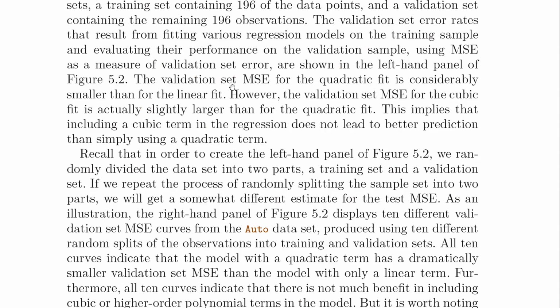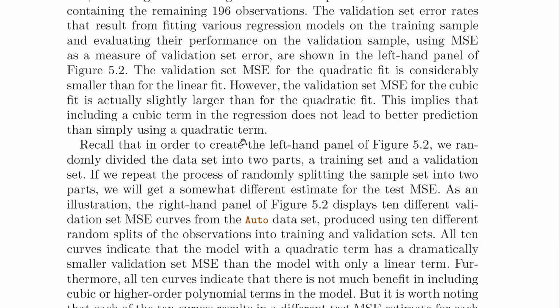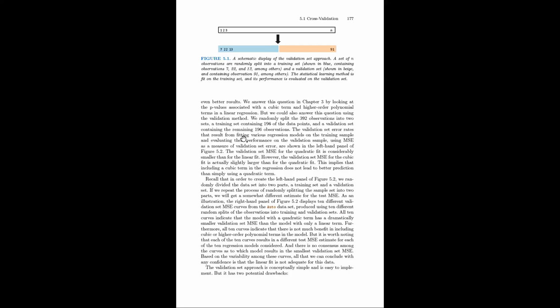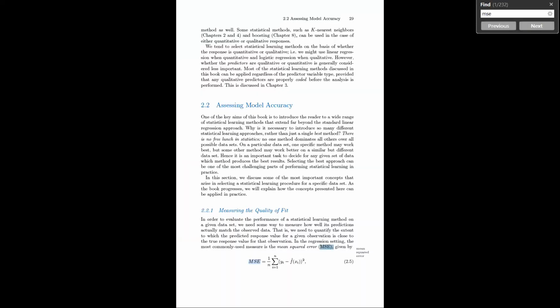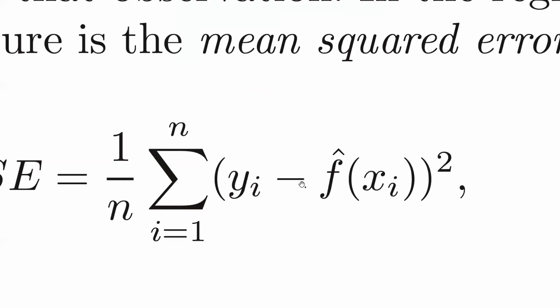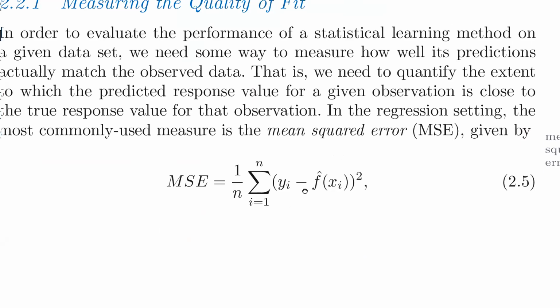The validation set mean square error, this is one number. Validation set mean square error, okay? The mean square error, just in case, do we want to go to the start of this book and search mean square error? We do remember what mean square error is, right? Mean square error is this formula.